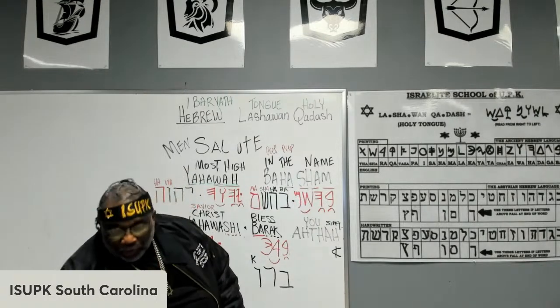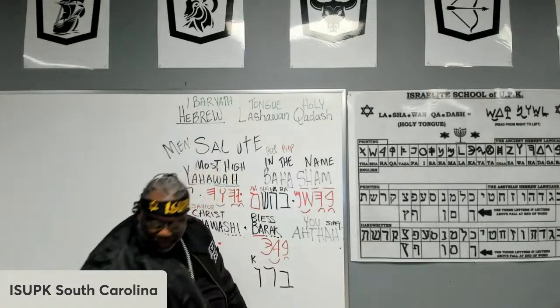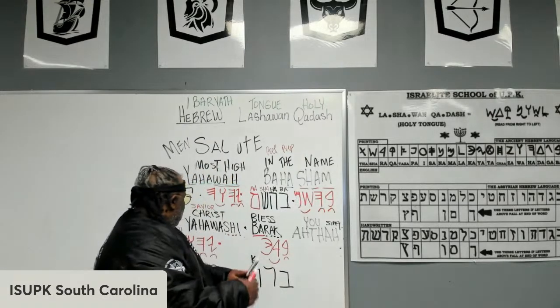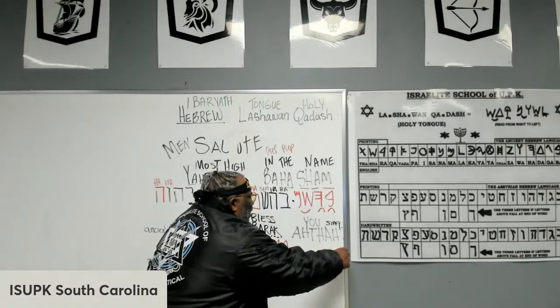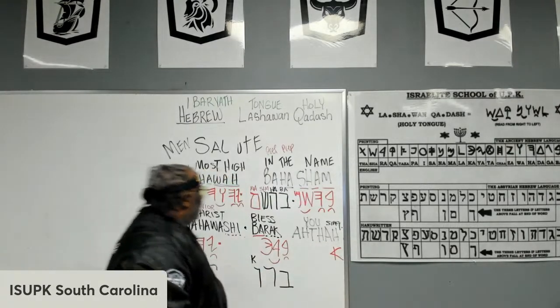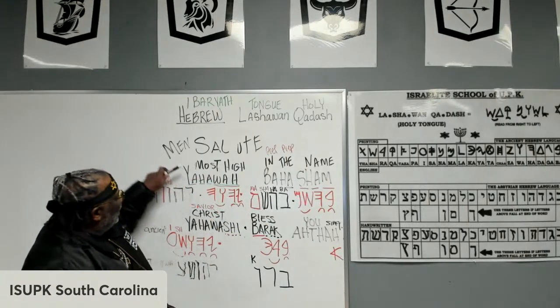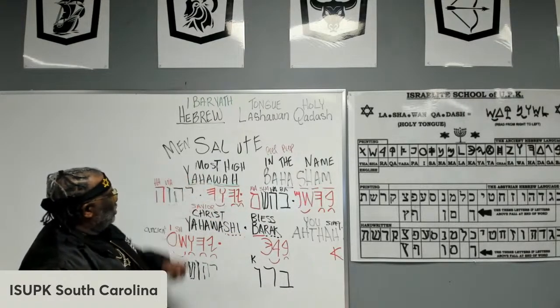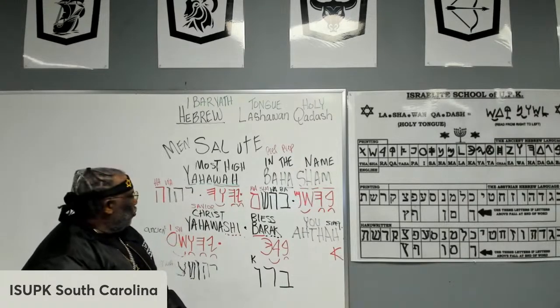Well, let's do it in red here so we see it a little better. Let's do it like that. We're taking the time to write it out and spell it out in the ancient and the Assyrian. That's what we're doing here.